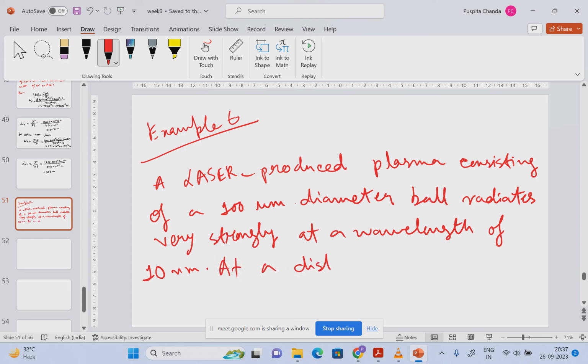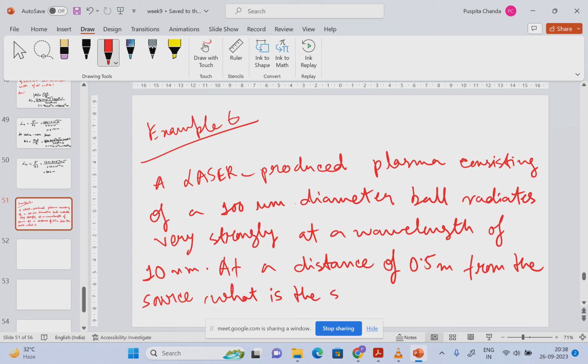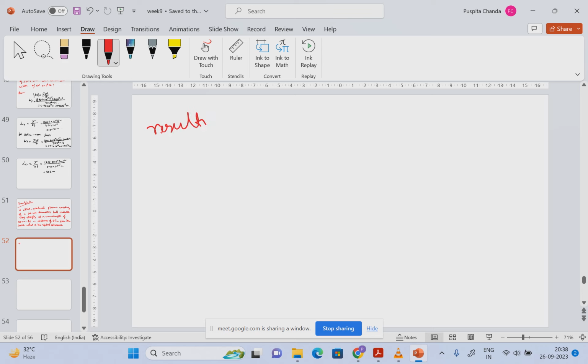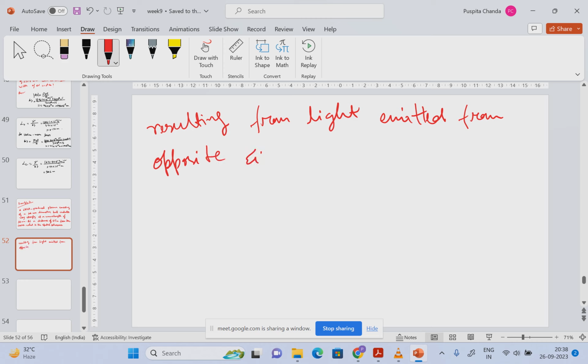At a distance of 0.5 meter from the source, what is the spatial coherence resulting from light emitted from opposite sides of the plasma?